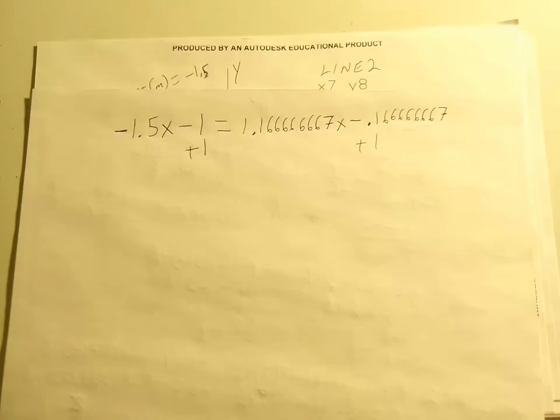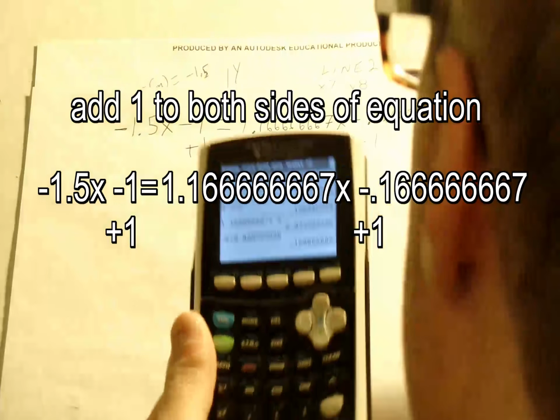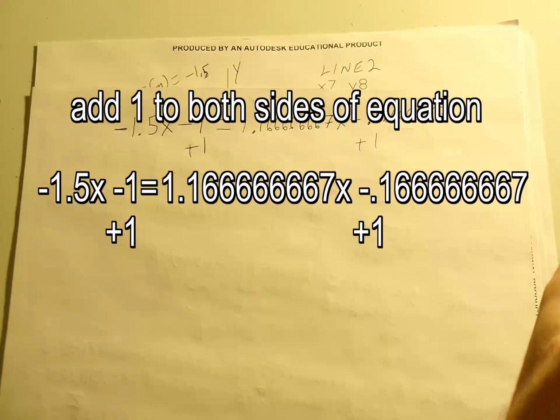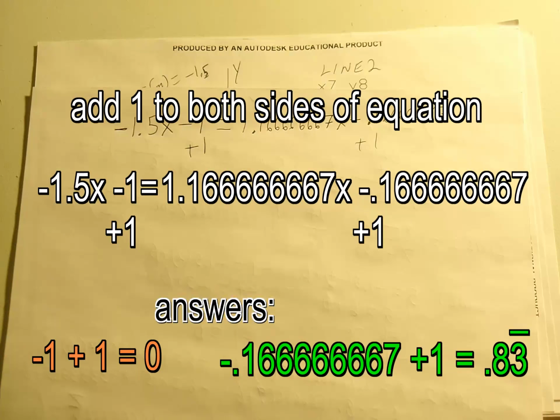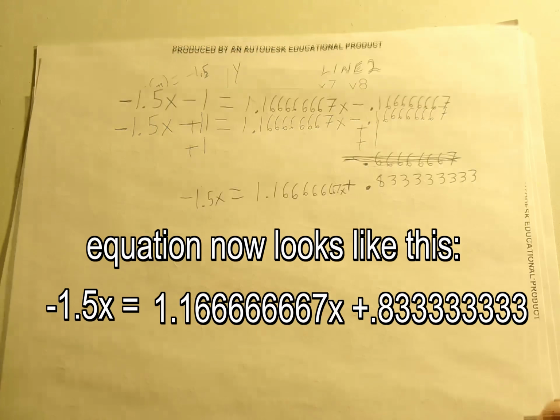So again, in any algebraic equation, the goal is to get the variable alone on one side equal to a number on the other side. So you could start from any side you want. Suggestions, start with the easiest, so we'll go with the negative 1.